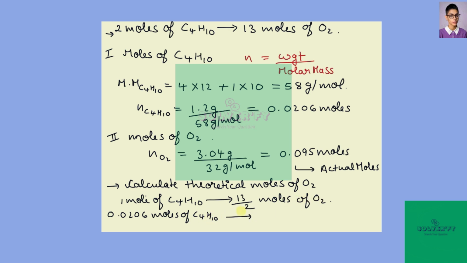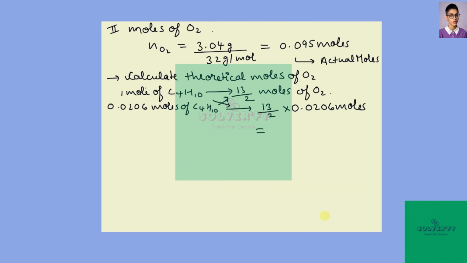How many moles of oxygen will it require? We'll simply cross multiply: 13 upon 2 multiplied by 0.0206 moles. So we'll get 0.1339 moles. So this is the theoretical moles.